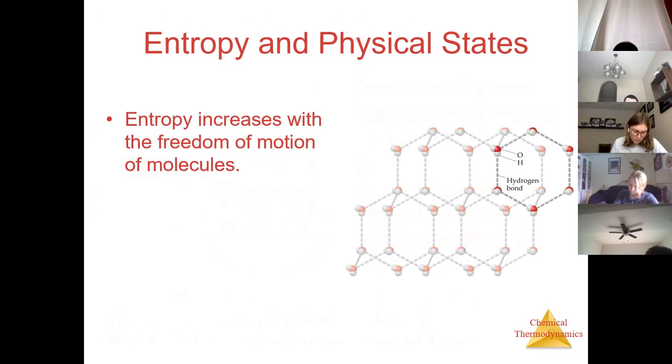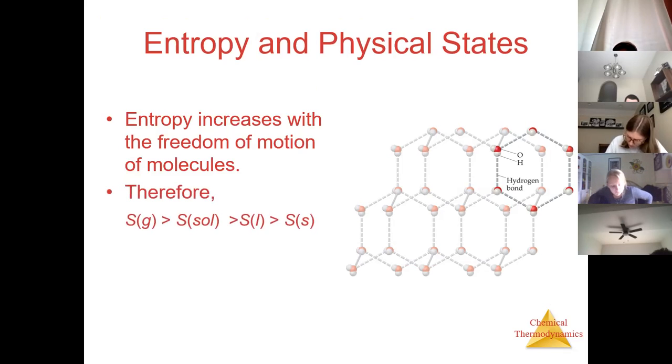Again, entropy increases with the freedom of motion. When I have a solid, I have a very distinct crystalline structure, and the molecules have to be within that crystalline structure. They are limited as to what they can do. There's less freedom of motion.